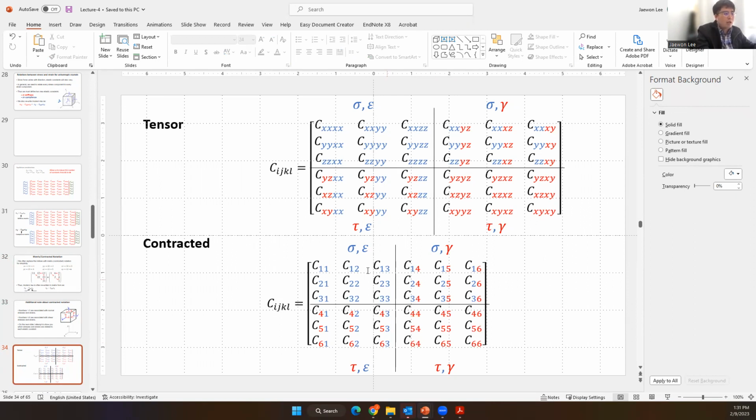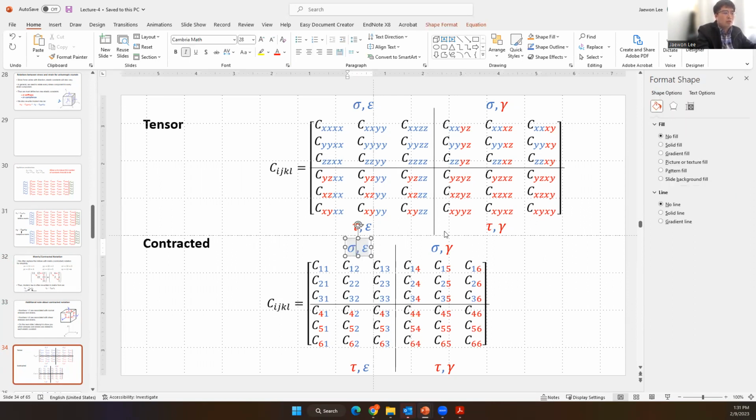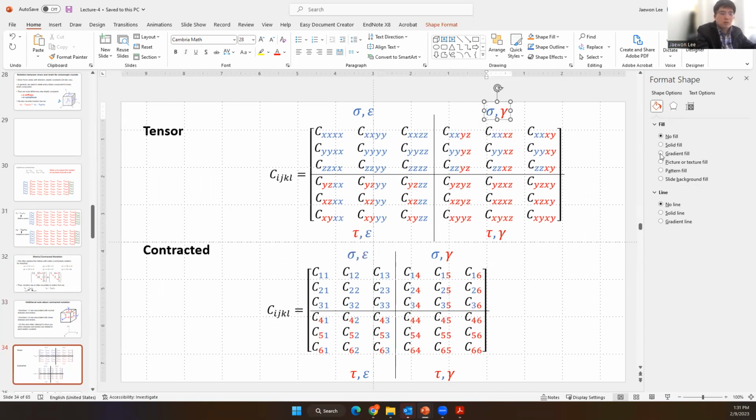So I mark the normal stress term in blue, and the shear stress and shear strain term in red. Can you understand?